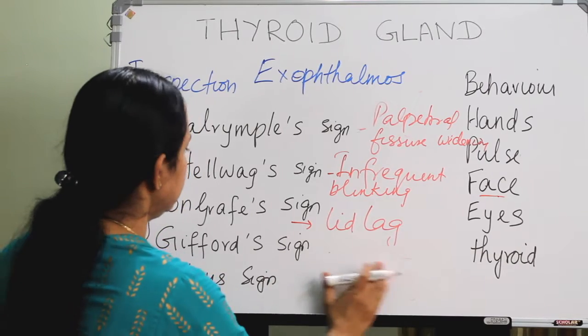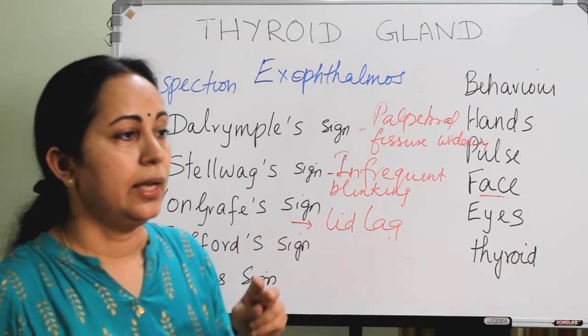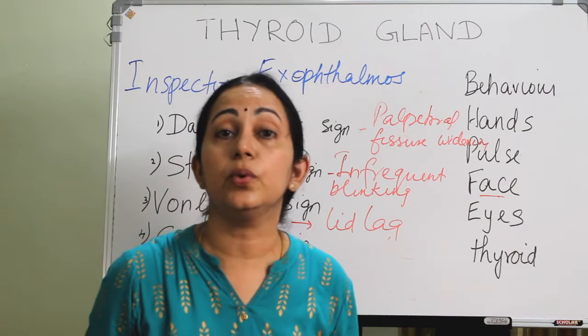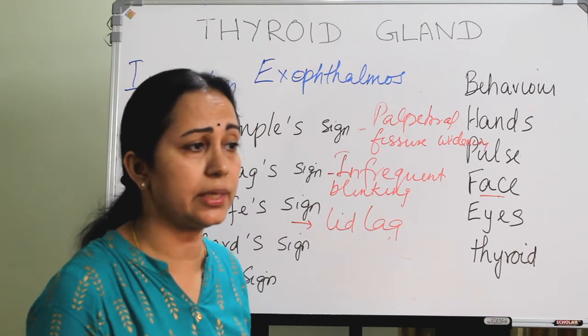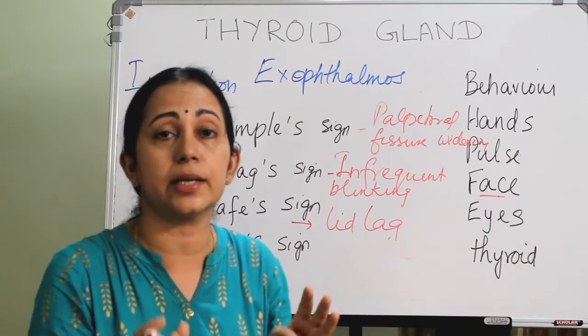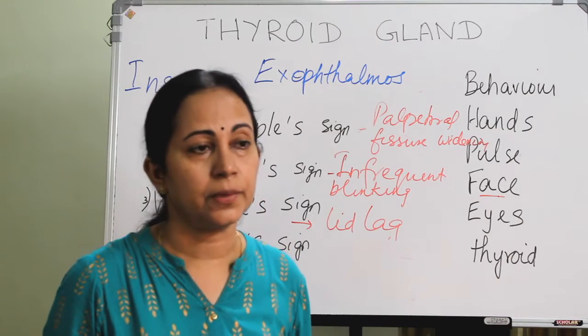And what is this Gifford sign? Sometimes there will be unilateral exophthalmos. It is not indicated that it should always be a bilateral exophthalmos. It can be a unilateral exophthalmos.